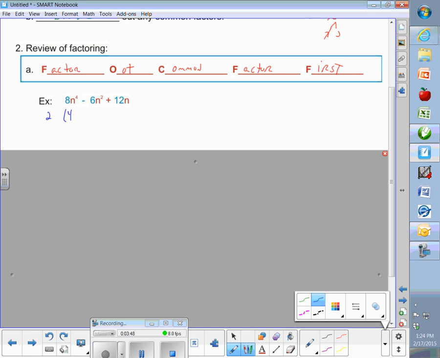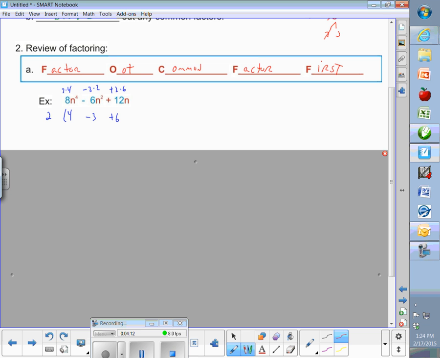A -6 is a -3 times 2, so factoring out that 2 leaves the -3. And a +12 is a +2 times 6, so it leaves me the +6.